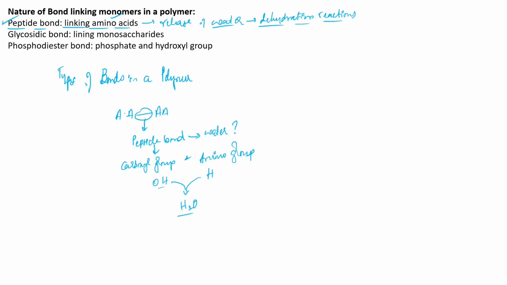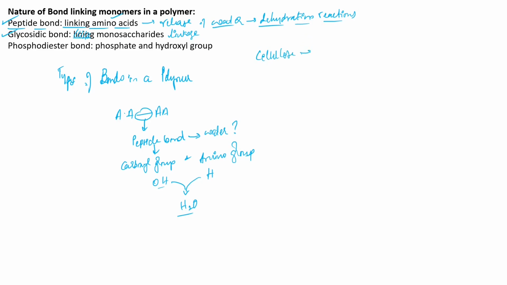Now moving on, we have one more type of bond. It is called the glycosidic bond, and it is mainly involved in the linking of monosaccharides. Let us consider the example of cellulose from our previous class.